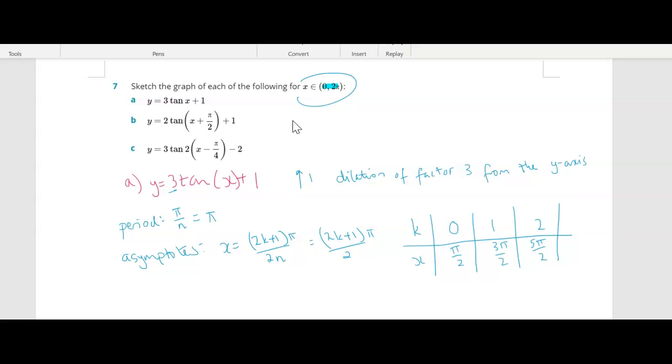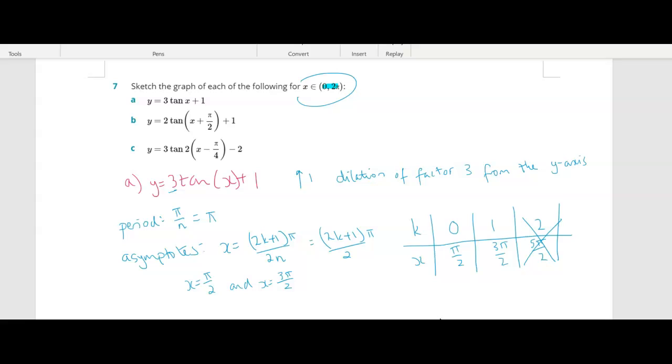There hasn't been a horizontal shift, so these are our asymptotes, except for the last one because we're now beyond our domain. So that's not going to be an asymptote. So we have asymptotes at x equals pi on 2 and x equals 3 pi on 2.